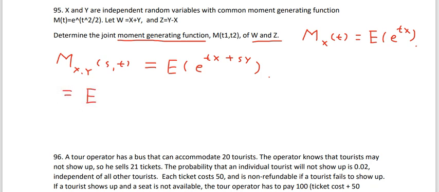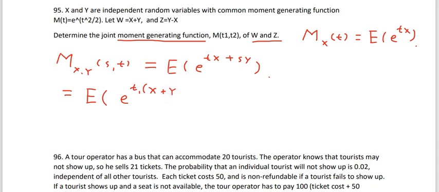According to the definition, this equals e to the t1 W plus t2 Z. What is W?